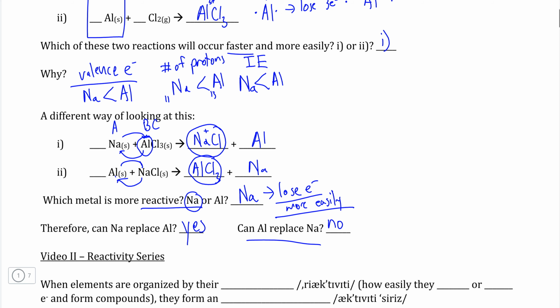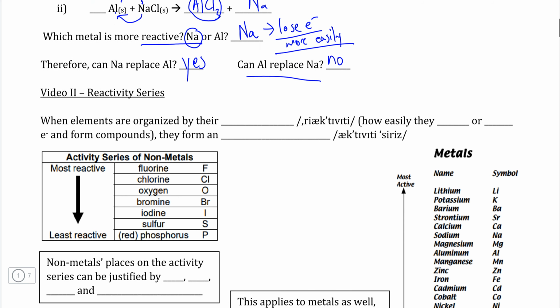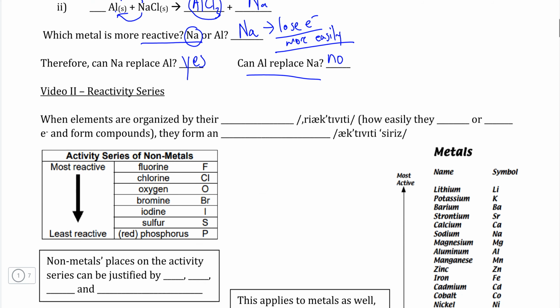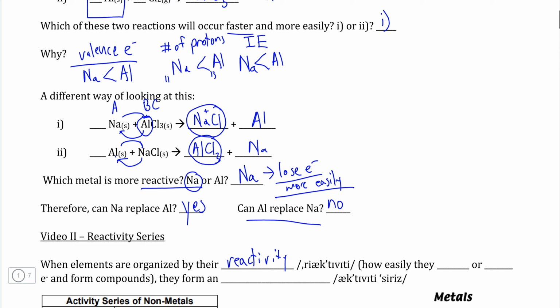What we have here is the beginnings of something that we call the study of elemental reactivity, which is simply a comparison of which element is more likely able to form an ionic or potentially covalent compound over another element.